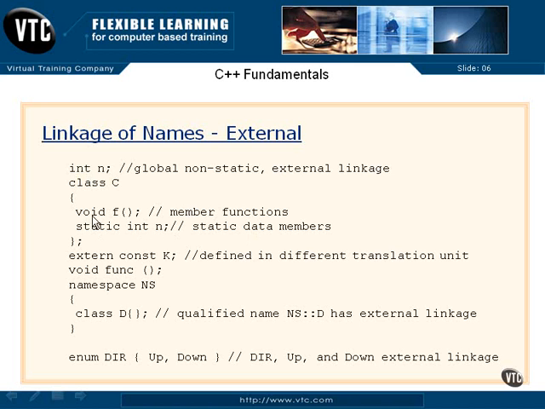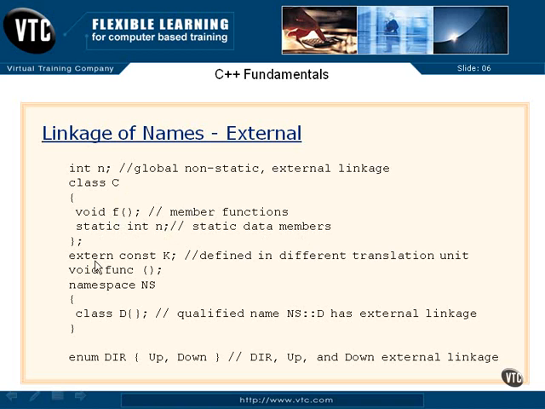Here we have a member function of this class, and so it will be visible by using C::F to get to it, but it will have external linkage. So anything else in another translation unit could reference this function by using C::F, the fully qualified name. And they could get to this integer n by using C::N to get to this static data member.